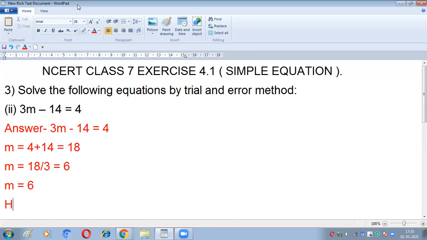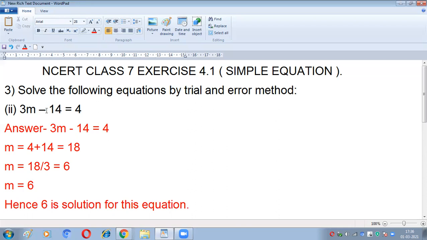So now we'll write hence 6 is the solution for this equation.